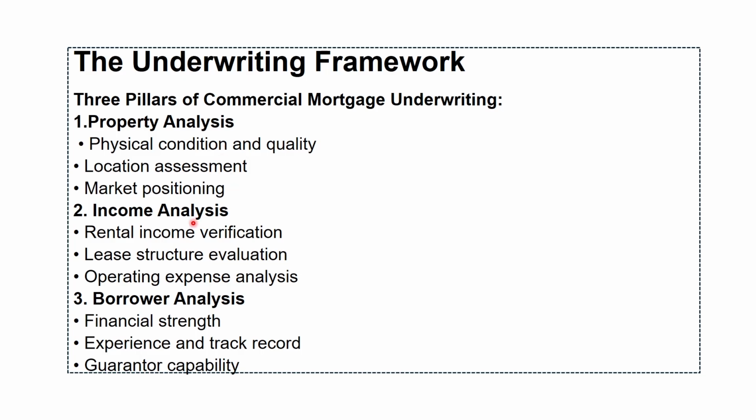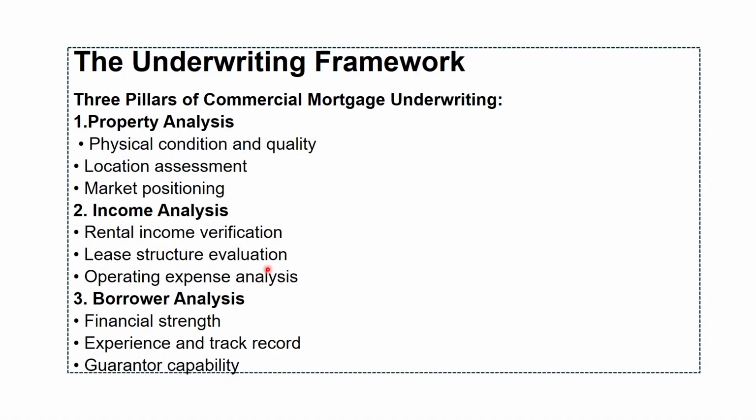Then in income analysis, we talk about rental income verification, because here we are focusing on commercial real estate. So rental income becomes important, and that has to be verified by the lender. Then lease structure. What kind of lease structure are we talking about, because there can be different types of leases, how the exit of a tenant can take place, what are the terms and conditions. All that becomes part of the lease structure.